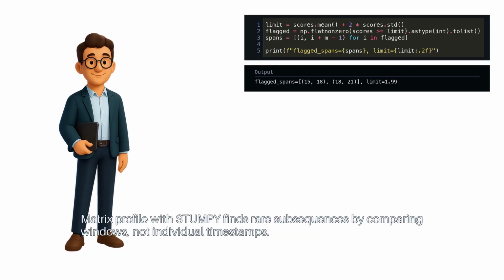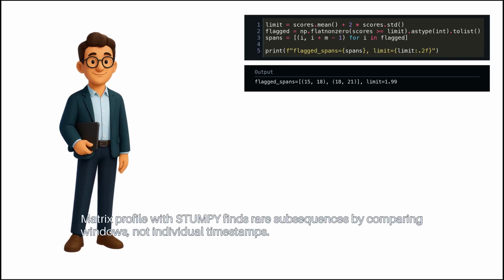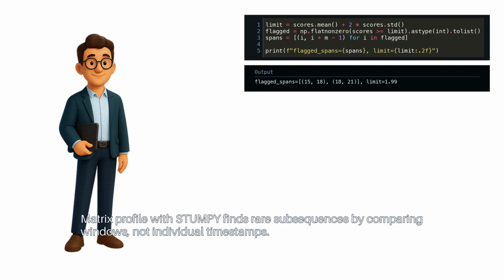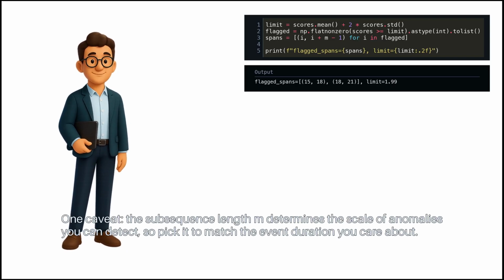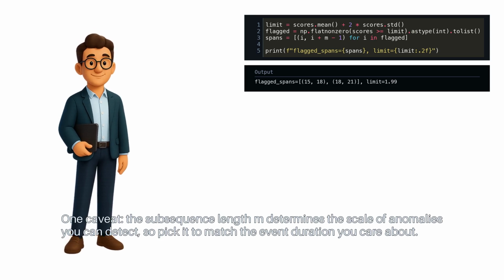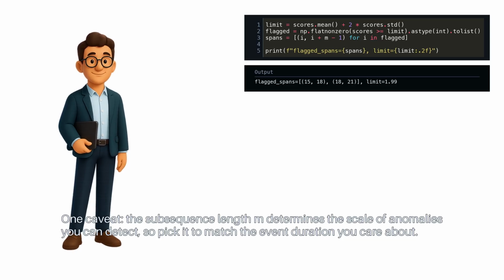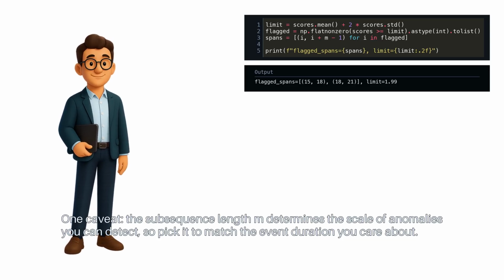Matrix Profile with STUMPY finds rare subsequences by comparing windows, not individual timestamps. Use this when shape and repetition matter, and when labeled anomalies are scarce. One caveat: the subsequence length m determines the scale of anomalies you can detect, so pick it to match the event duration you care about.